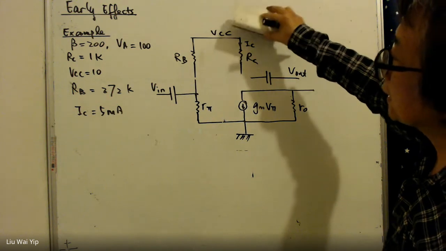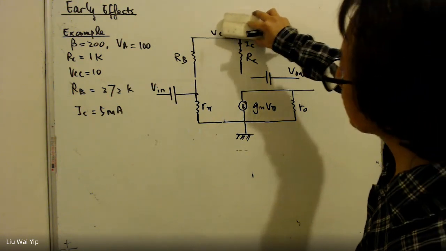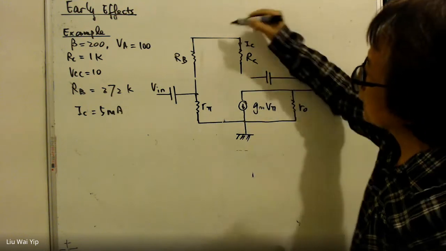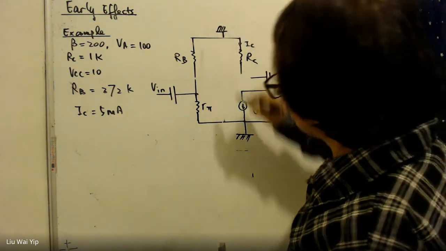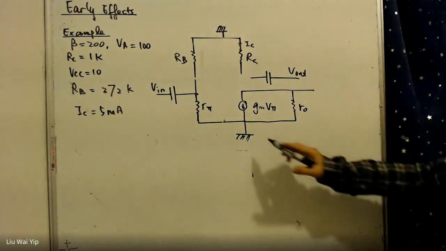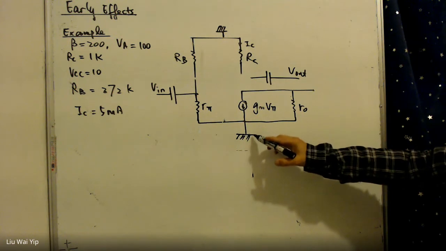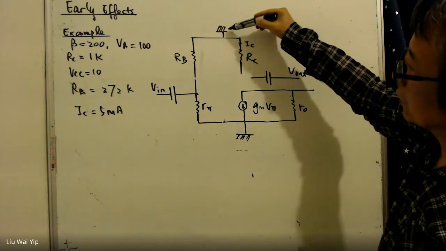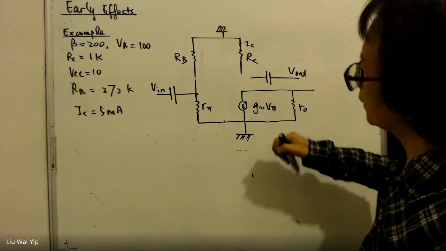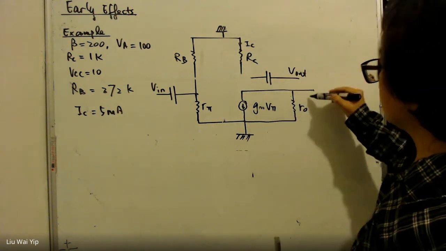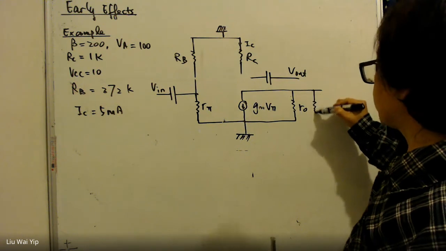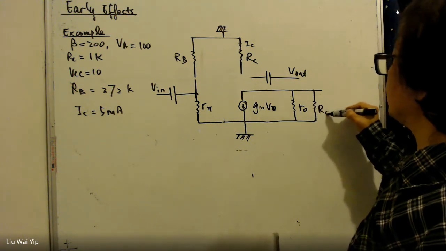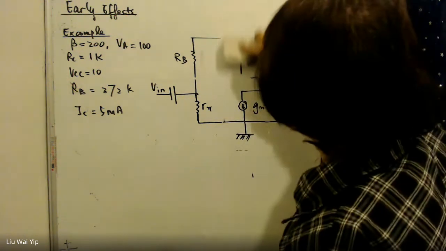The next thing that we need is to replace the independent DC voltage source with the AC ground. This AC ground is not very much different from the physical ground here. So in other words, this ground can be moved to here. And we can just write RC here, so we remove this one.